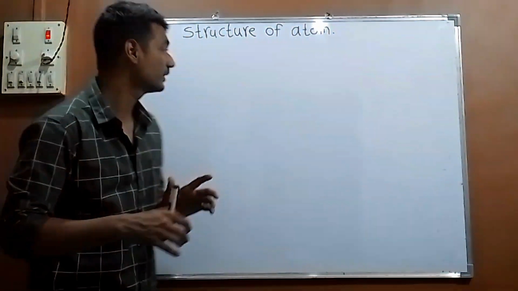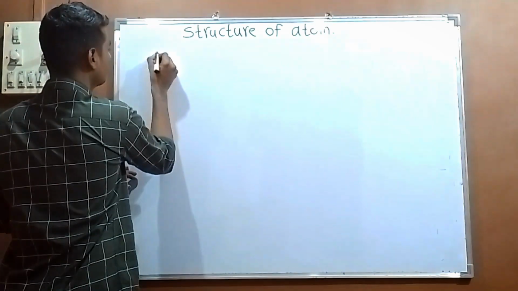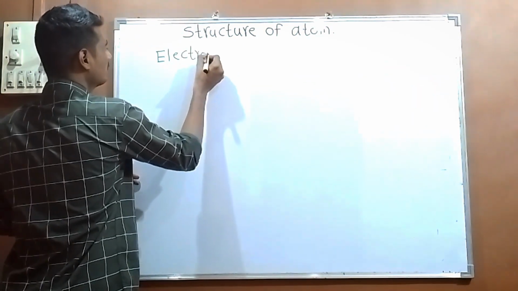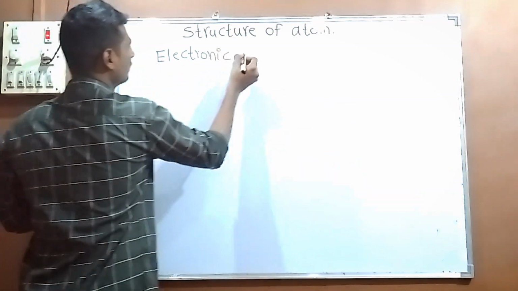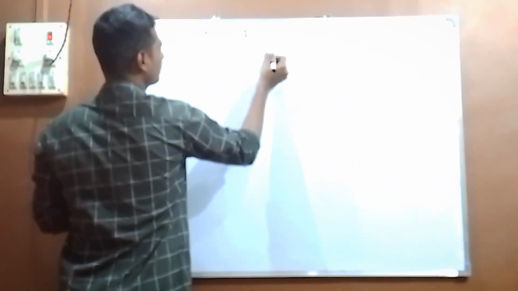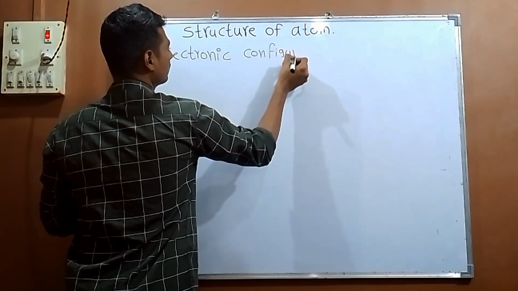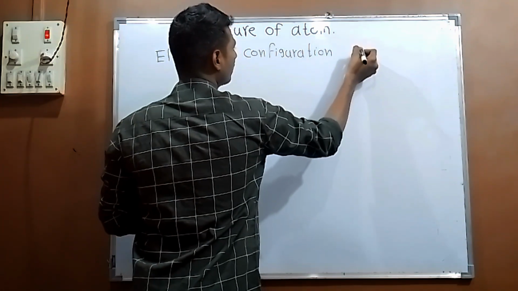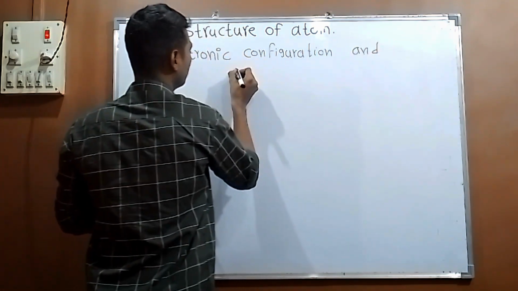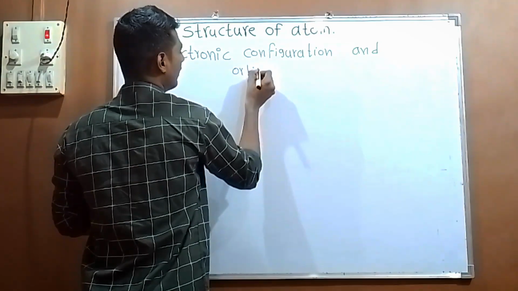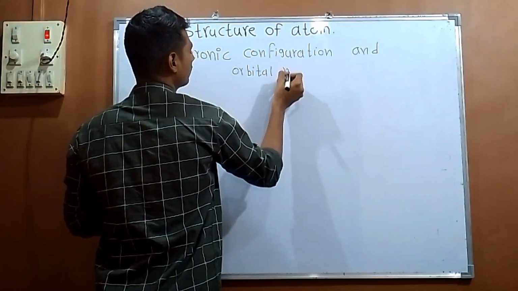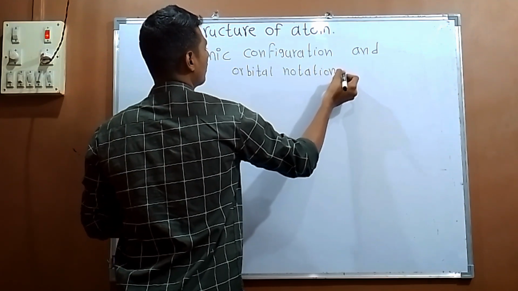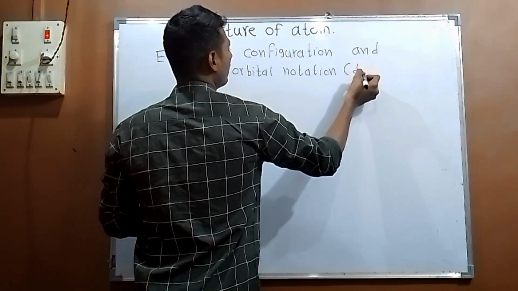Our topic name is electronic configuration and orbital notation, or you can say orbital notation diagram.